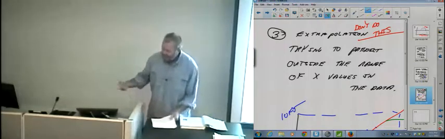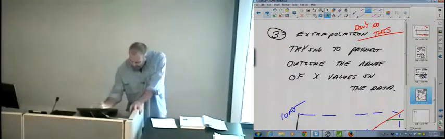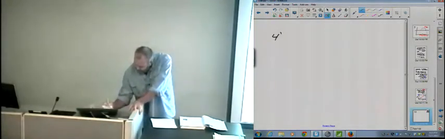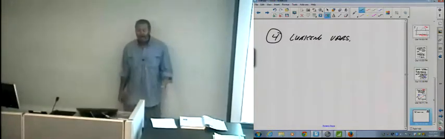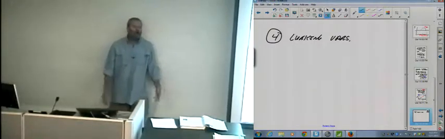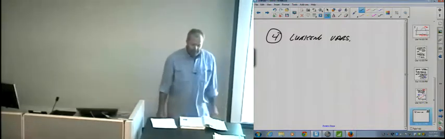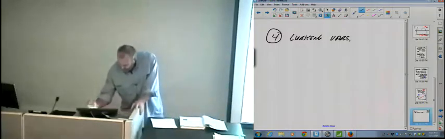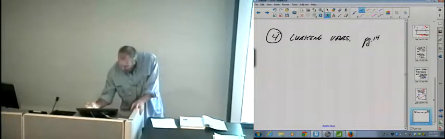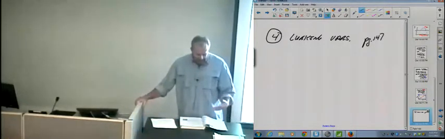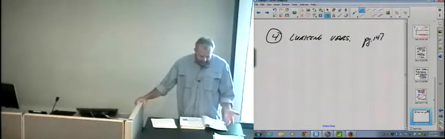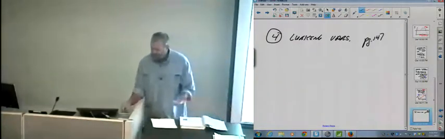Now, that's 3. Number 4. Now, the term is lurking variables. It's on page 147. Okay? And it says, a lurking variable is a variable that is not among the explanatory or response variables in the study, yet may influence the interpretation of relationships among those variables.